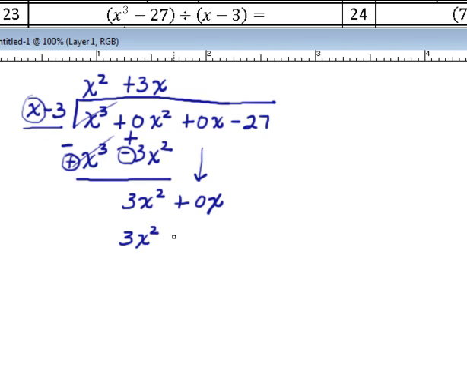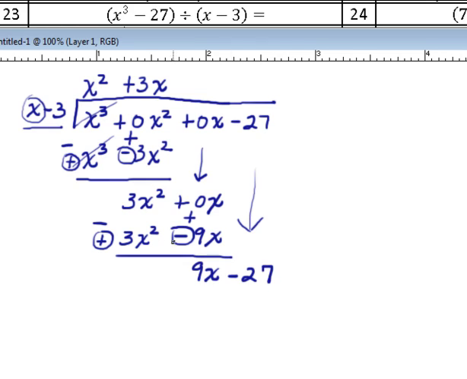And 3x times minus 3, that's minus 9x. Now change these signs and add. Here we get just 9x, and bring down the minus 27. X goes into 9x plus 9 times. And now multiply 9 times x minus 3, that's 9x minus 27. So here we have a remainder of 0.